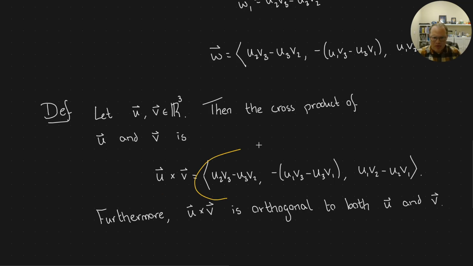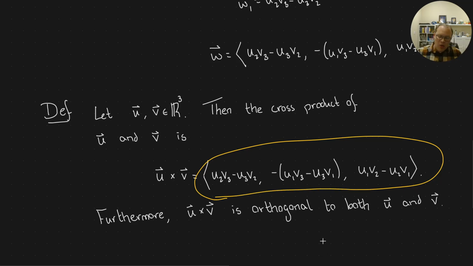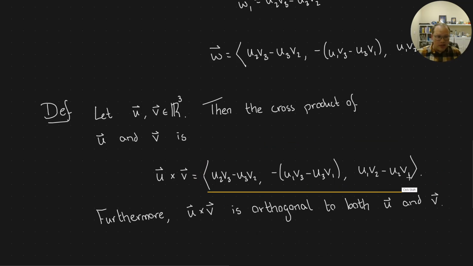So why did we pick this one over any other? Well, this one was very convenient to find based on the equations, but it turns out there are some really nice properties that this particular orthogonal vector has. And so that's why we choose this one. You'll see in a little bit those nice properties.